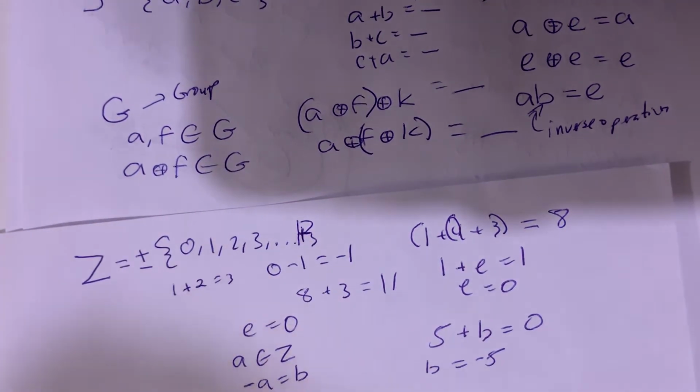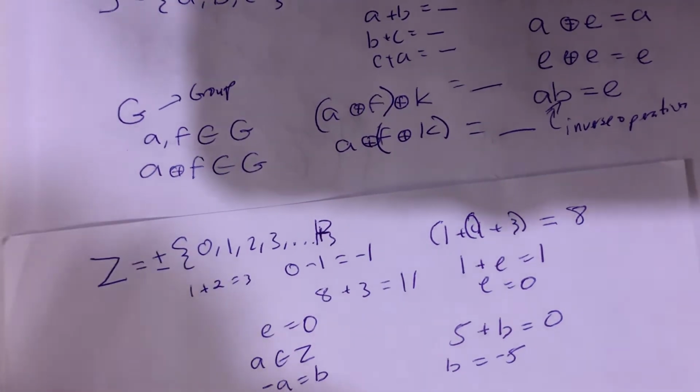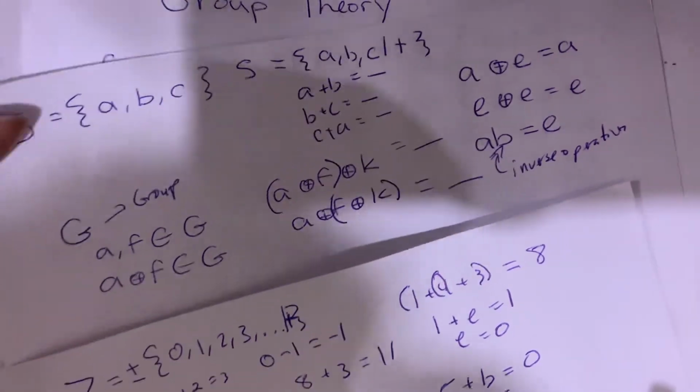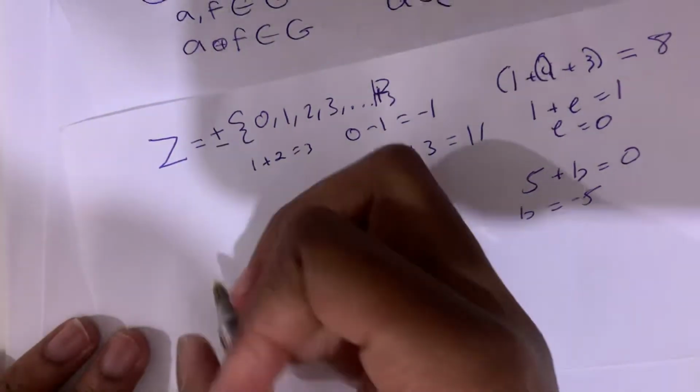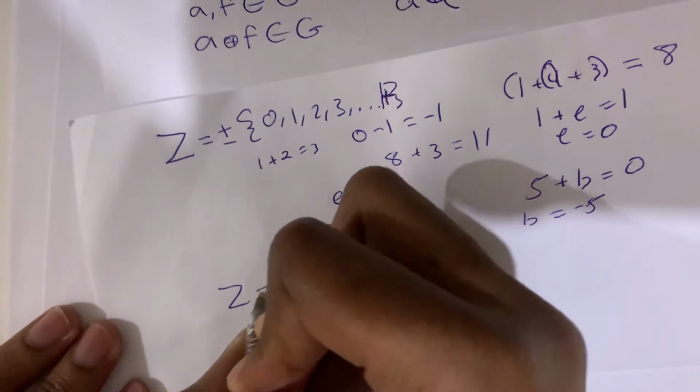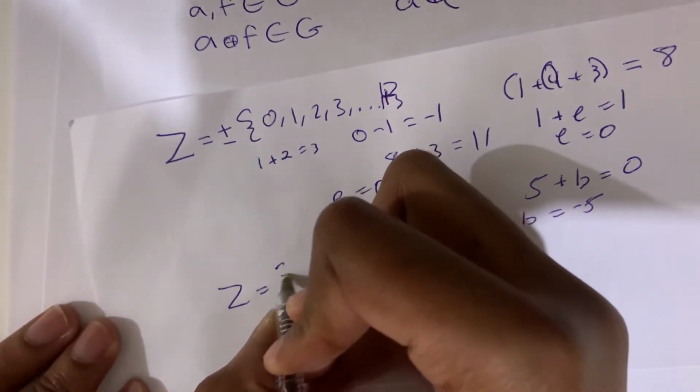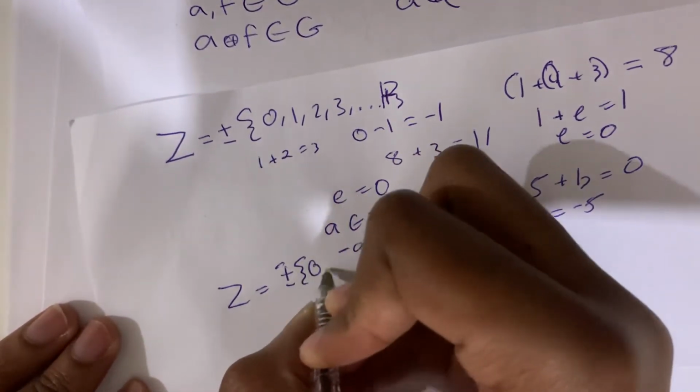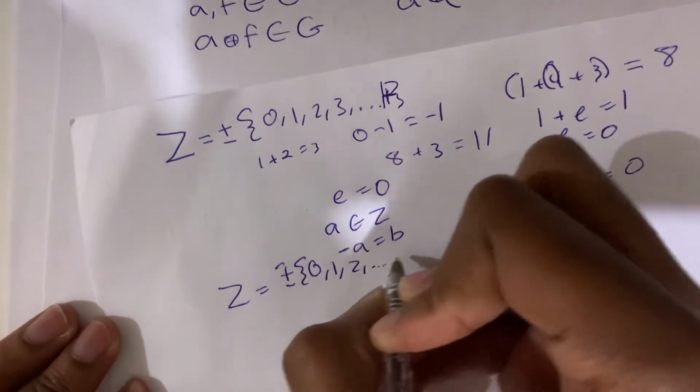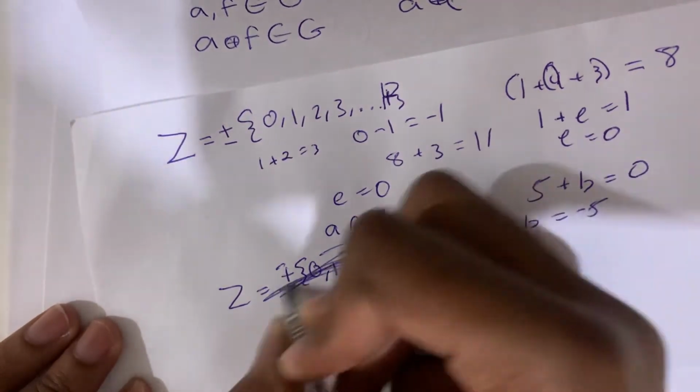So yeah, the set of integers under addition is an example of a group. So what's an example of something that's not a group? Well, you can use this integer set again. So let's have the integers, plus and minus, 0, 1, 2, and so on.